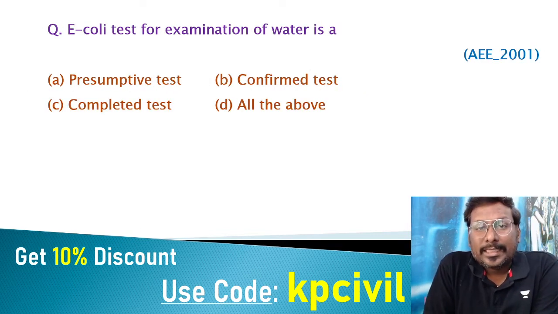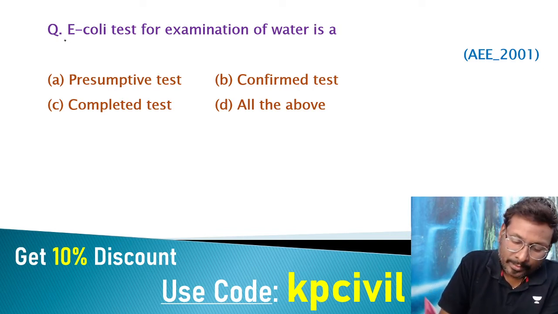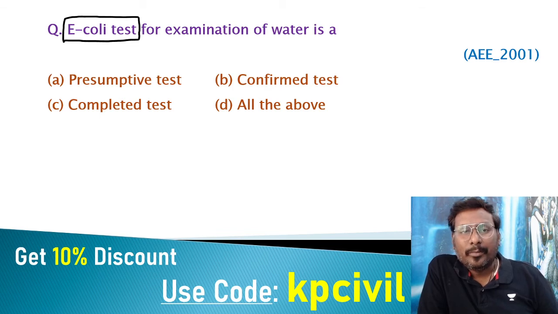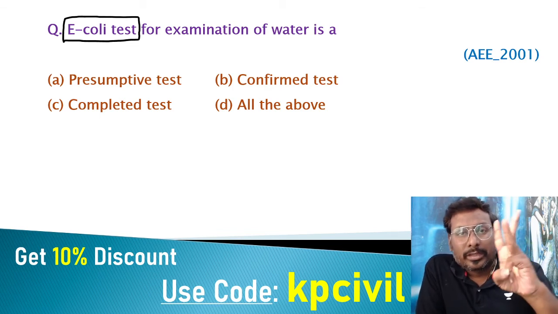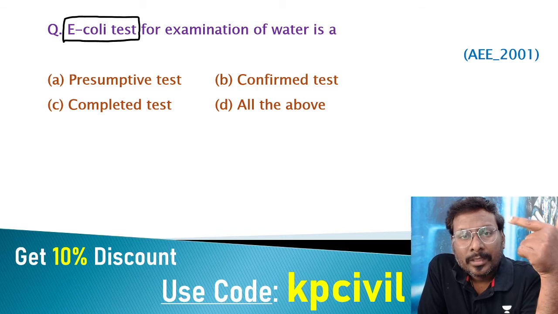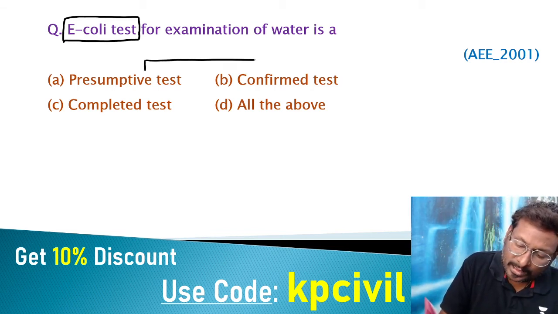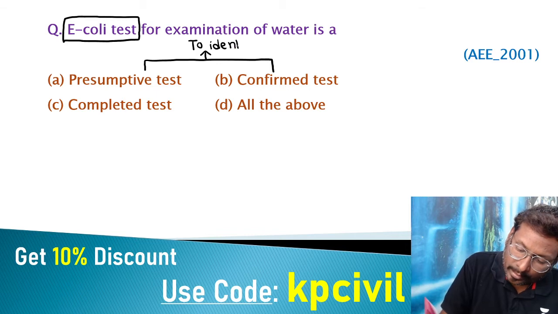E. coli test for examination of water: E. coli test, MPN test, biological test for finding water quality, all are the same. It includes 3 phases: presumptive test, confirmed test, completed test. The presumptive test and confirmed test we use to identify whether E. coli is present or absent.